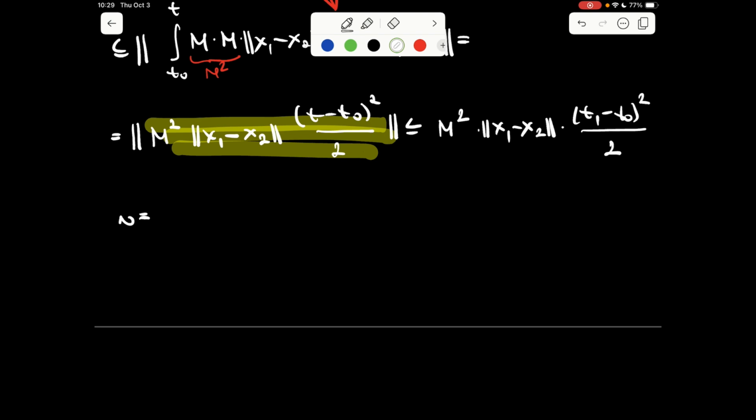Proceeding with the same pattern, we use the previous results.